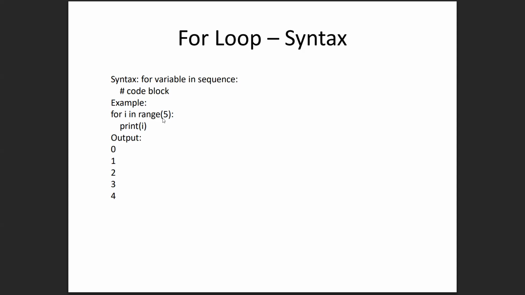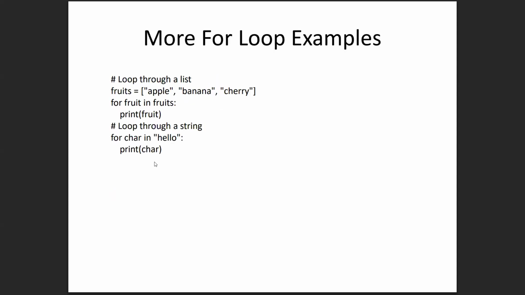So whenever you print this i value, it will first print 0, because for i in range of 5, the first time it takes the i value as 0 and prints 0. Next it takes the i value 1 and prints 1. Like that it goes up to 4 and prints 0, 1, 2, 3, 4. After that it comes out of the loop.